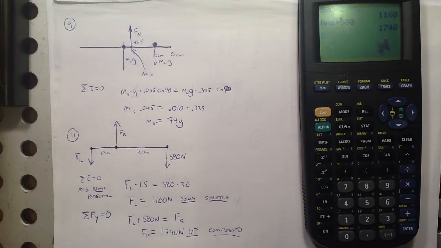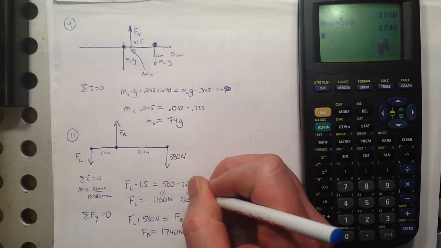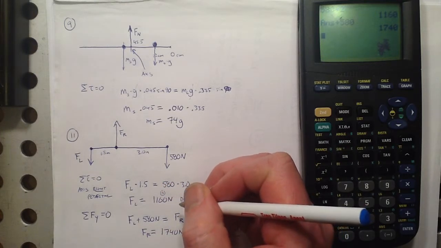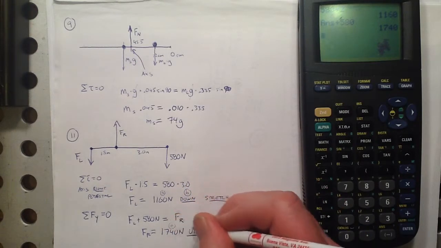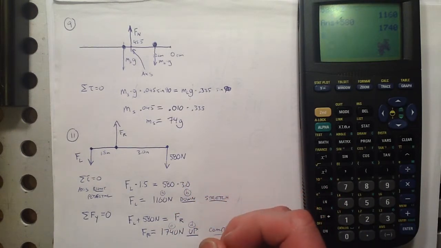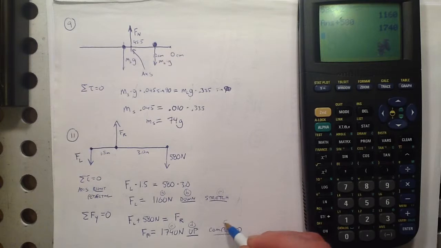Let's see what the parts were again. So magnitude and direction, up or down, of the force from the left pedestal. So that's A, B. Magnitude and direction, up or down, of the force on the right pedestal. That's C, D. And then which pedestal, left or right, is being stretched. So that's E. And then compressed is the force on the right, or the pedestal on the right is getting compressed.